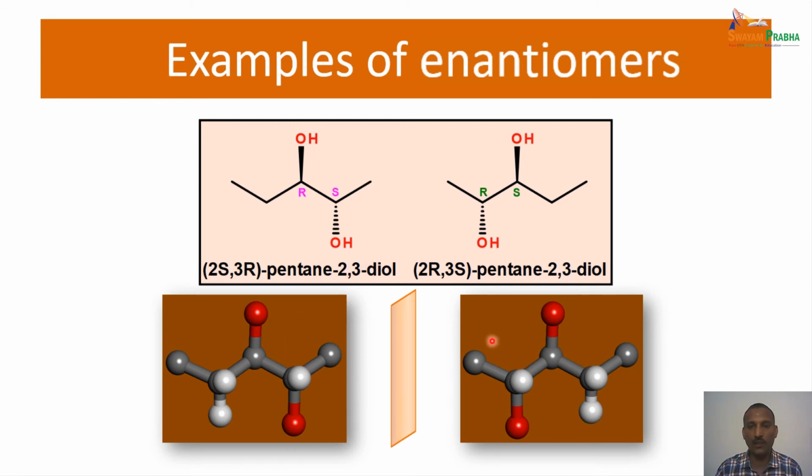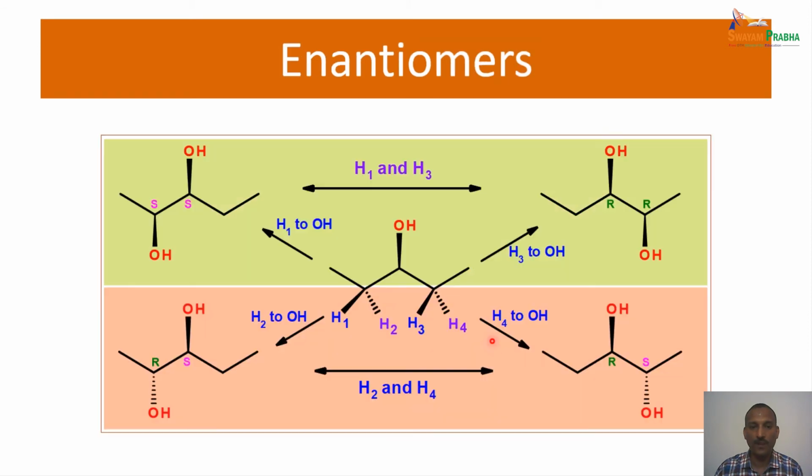These are again another set of examples. And here we have shown the interconversion in a very simple way. So in the first case, what we are doing is we have 4 hydrogens. If we start from the starting compound, which has only one hydroxyl group, and the remaining things are hydrogens, we can keep on replacing 1, 2, 3, 4.